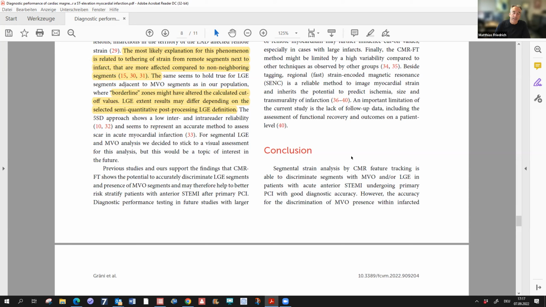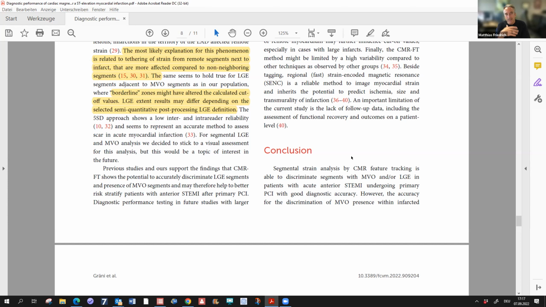This has significant prognostic implications, not just because of lack of functional recovery, but also persistence of iron in the tissue, which leads to electric instability and down the road to a higher rate of sudden death. So, interesting papers from Rohan Dharmakumar in Los Angeles.